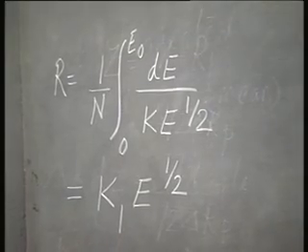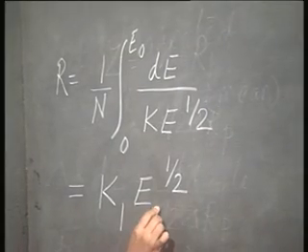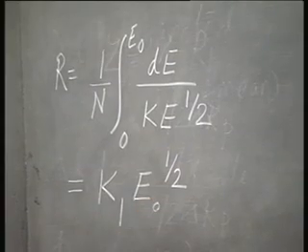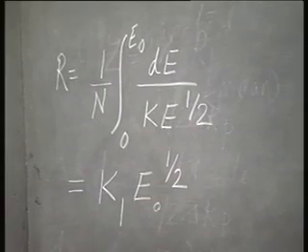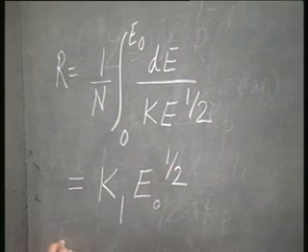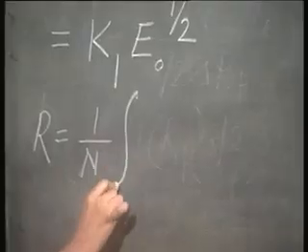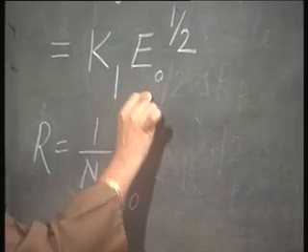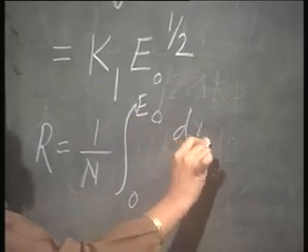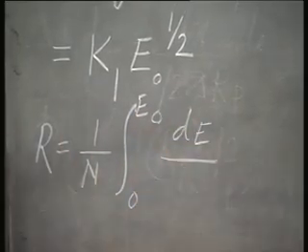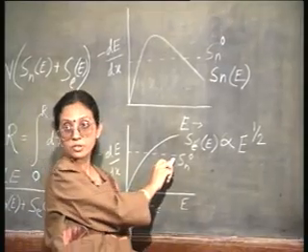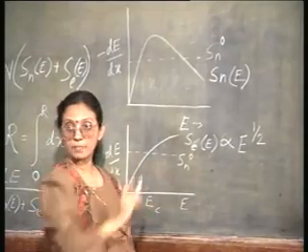In the other case, when the nuclear stopping is going to dominate, in that case I can say R is given by, remember, if I take this approximation, the nuclear stopping is independent of energy.